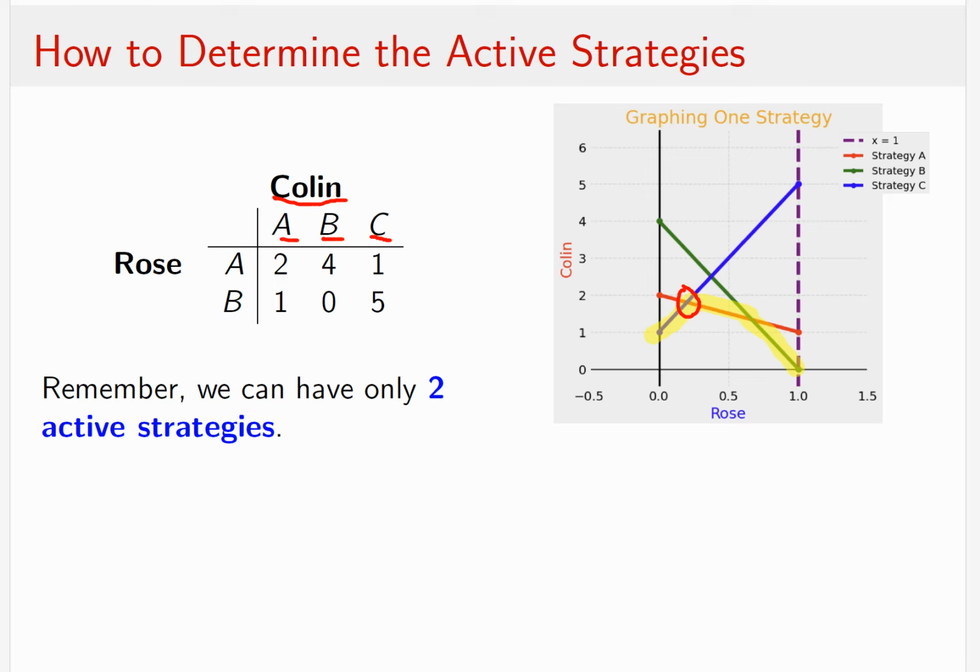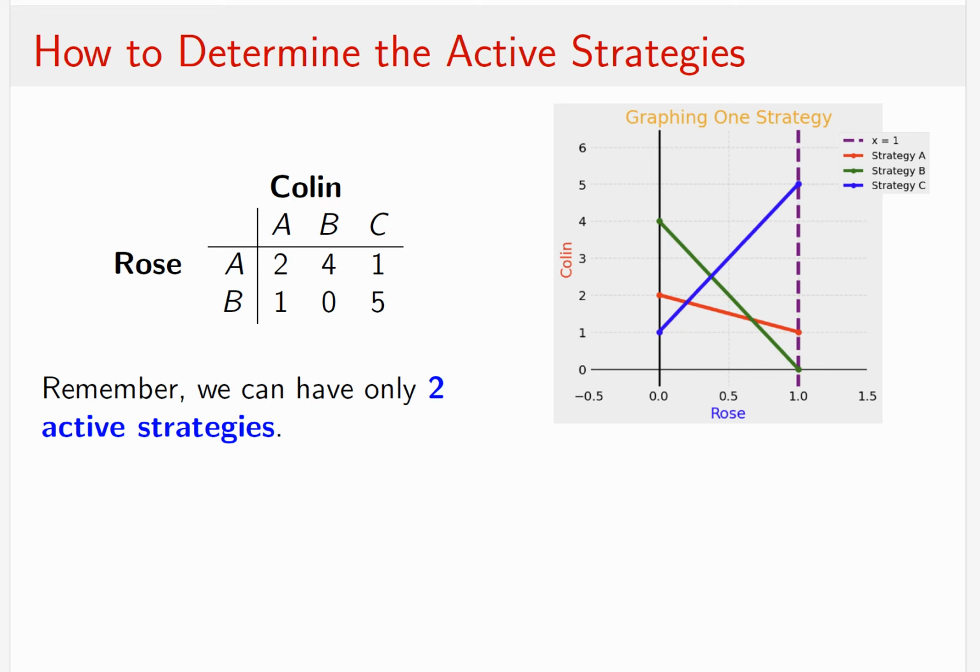He's going to guess his best guess of what Rose will do, react to that, and play along the lower envelope. Rose is going to pick the maximum value in the lower envelope, which is the intersection of the red line and the blue line, the intersection of strategy 1 and strategy 3.